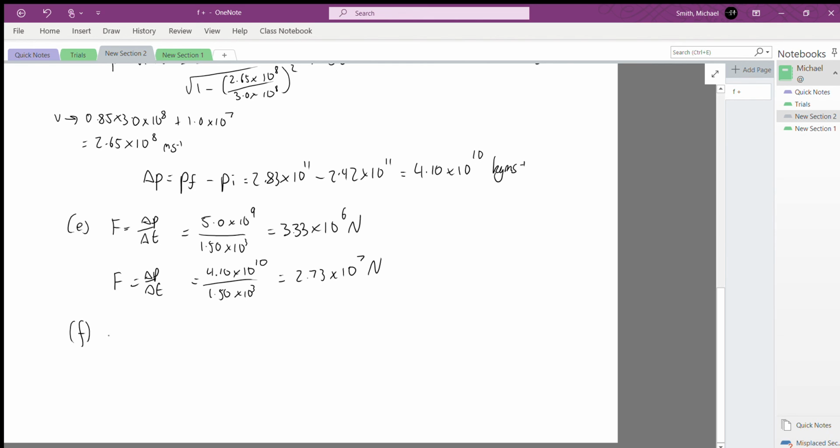So as speeds approach the speed of light, each change in speed corresponds to an ever-increasing change in momentum, and therefore ever-increasing force.